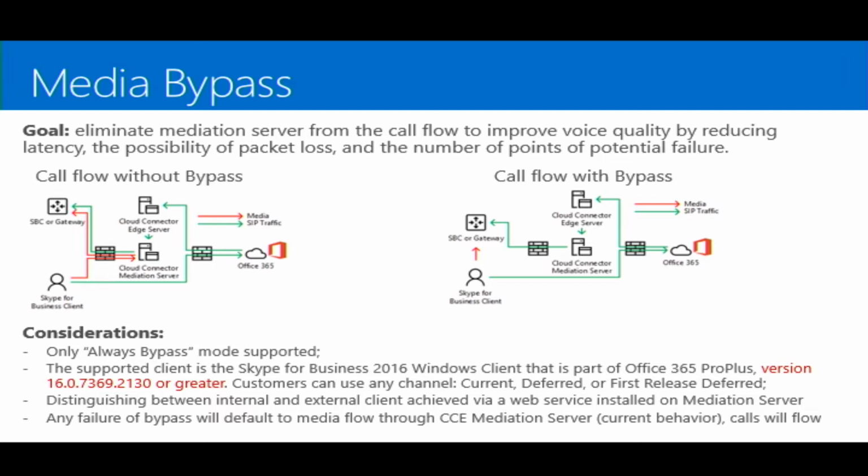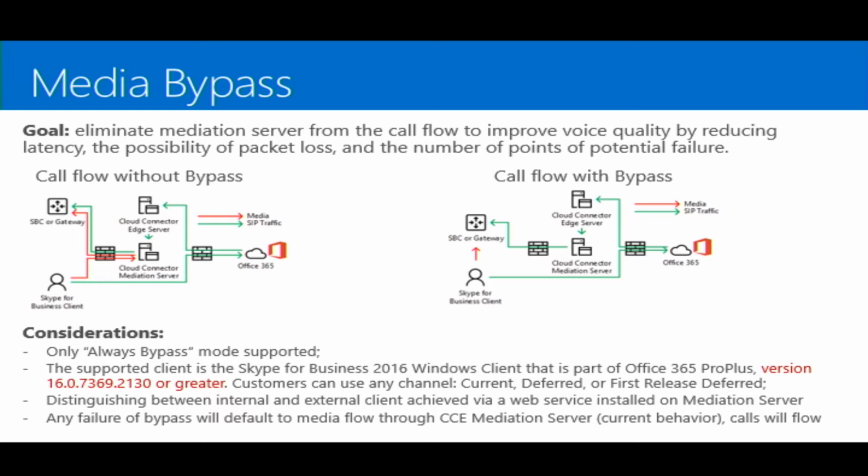And on the left, you see that for me, the Skype for Business client, the user there in the lower left, for them to talk to that telephony gateway, or vice versa, for the telephony gateway to talk to the user, the packets, the orange lines, have to go to the mediation server and the Cloud Connector, and they have to go back and forth. And you can see there's a lot of arrows there.